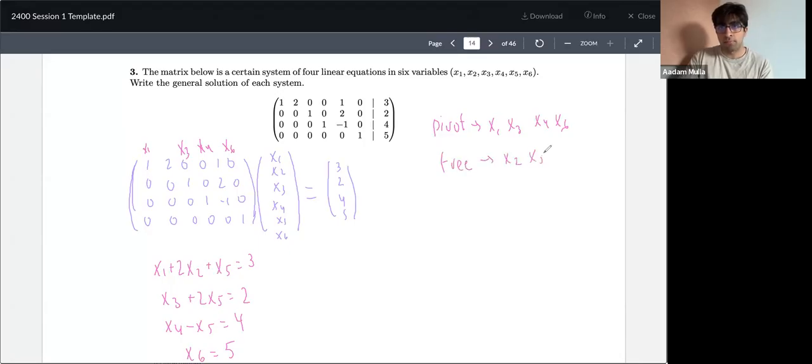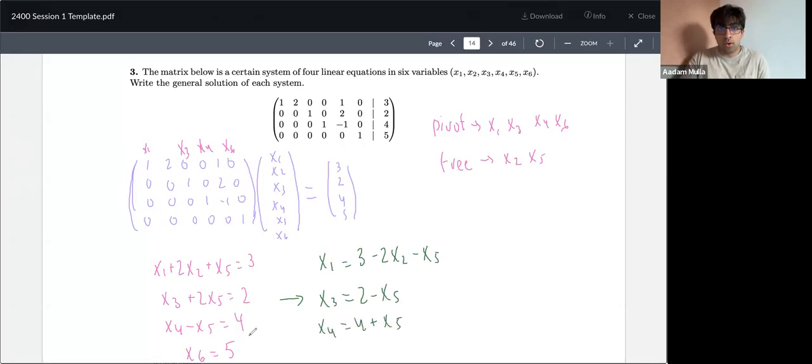x2 and x5. Now that we know that, we're going to write our pivot variables in terms of our free variables. So x1 in terms of x2 and x5: 3 minus 2x2 minus x5. x3 equals 2 minus x5. x4 equals 4 plus x5.